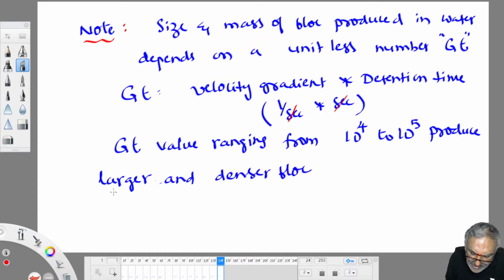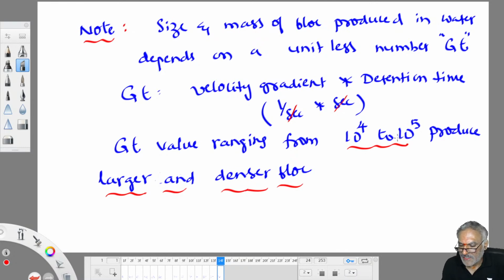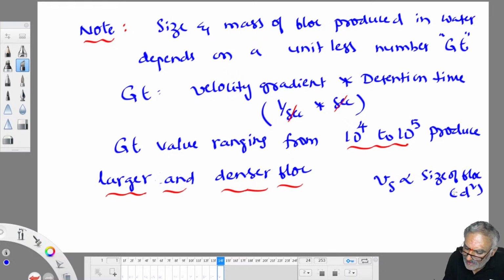So to get this larger and denser flock, we have to maintain GT value. If you multiply velocity gradient by detention time, we are supposed to get 10 power 4 to 10 power 5. So larger and denser flock means settling velocity of flock depends on size of flock, d square it is, and settling velocity also depends on density of particle.